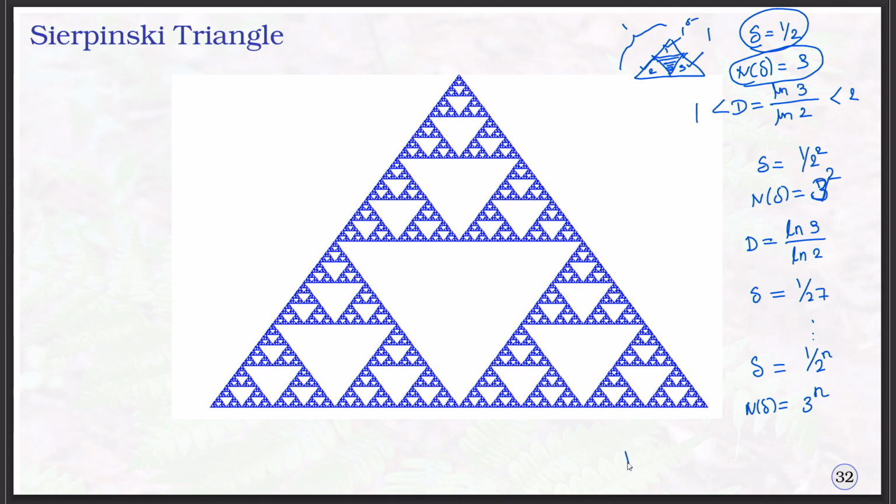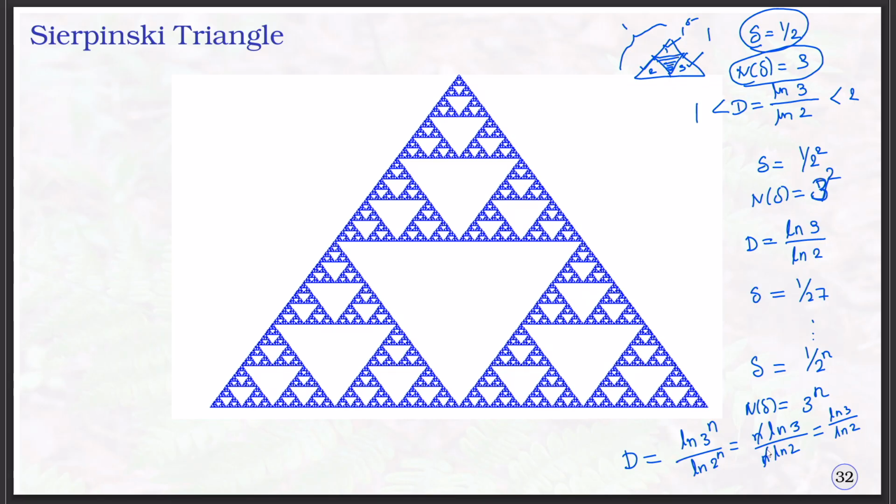So, the box counting dimension equals ln of 3 power n over ln 2 power n, which equals n ln 3 over n ln 2. This n will cancel, and one can get ln 3 by ln 2.